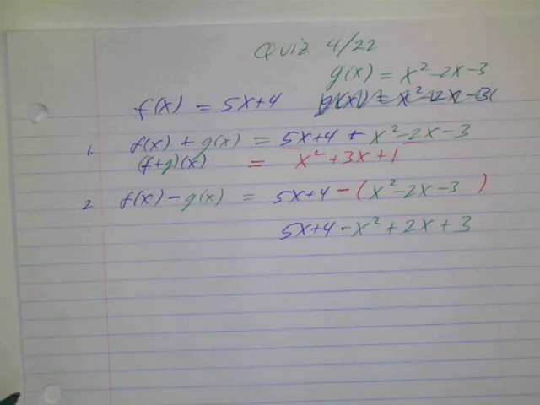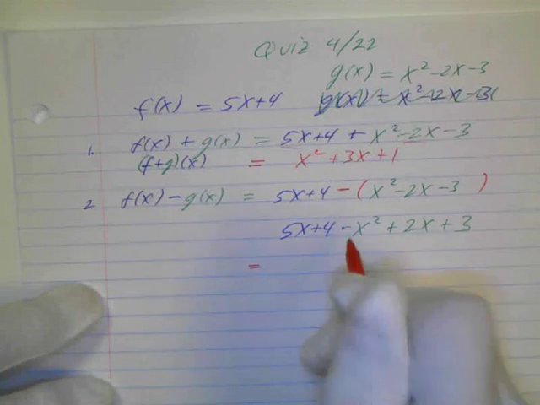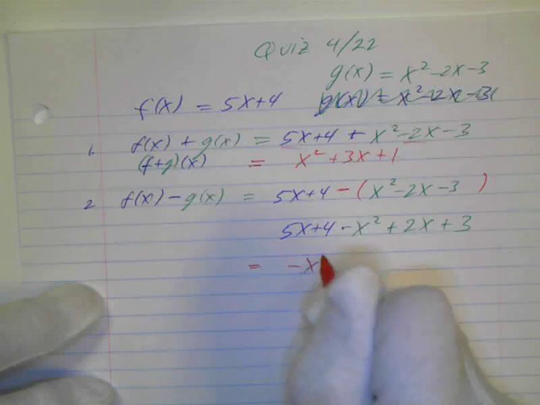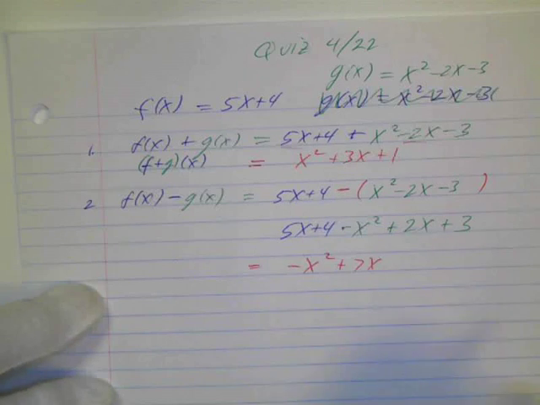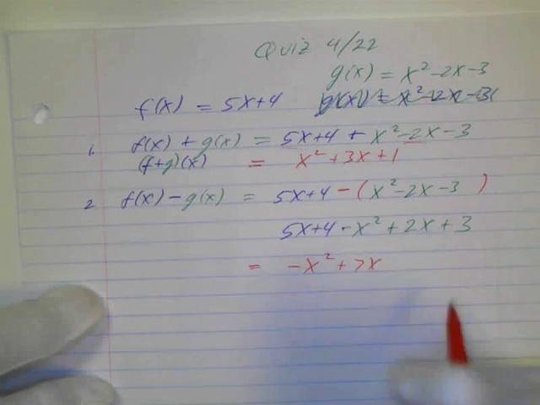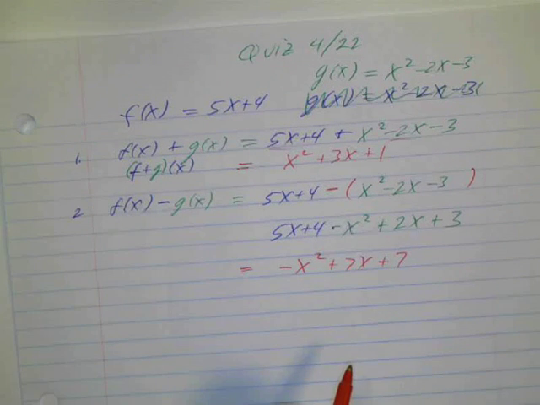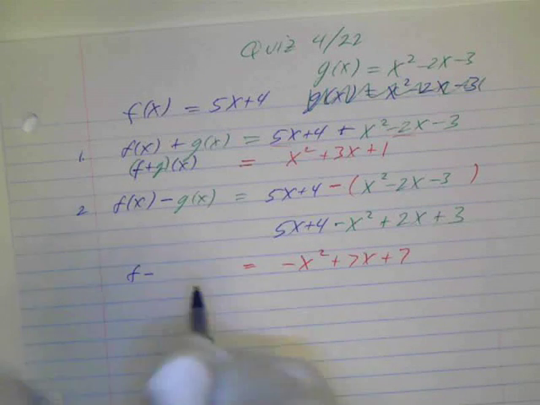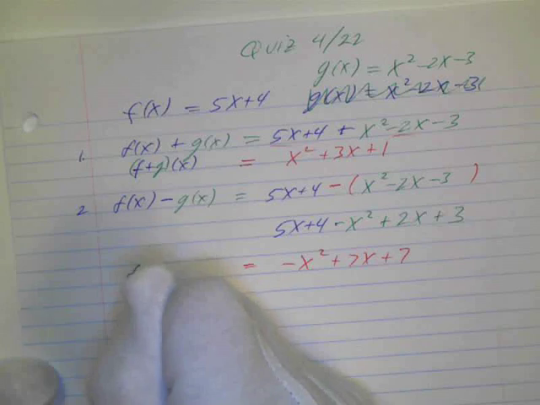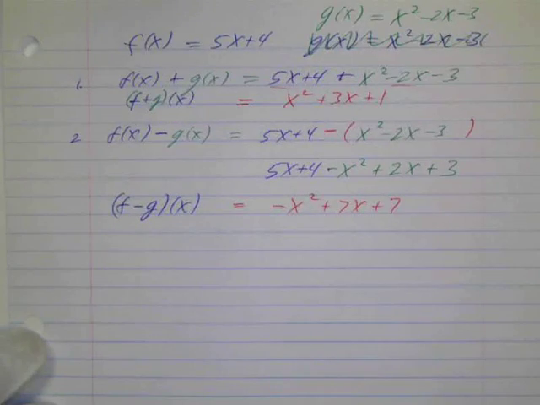Then when we simplify this, we do it in descending power, so we have a negative x squared, and then 5x plus 2x is 7x, and then 4 plus 3 is 7. So that's your f of x minus g of x. And like I said, it could also be written in this form, f minus g of x. All right, so hope that makes sense.